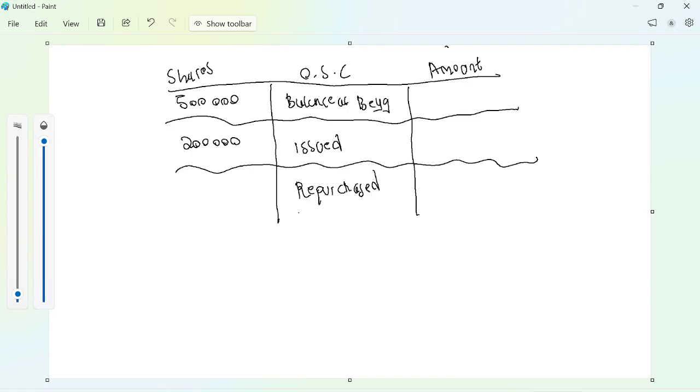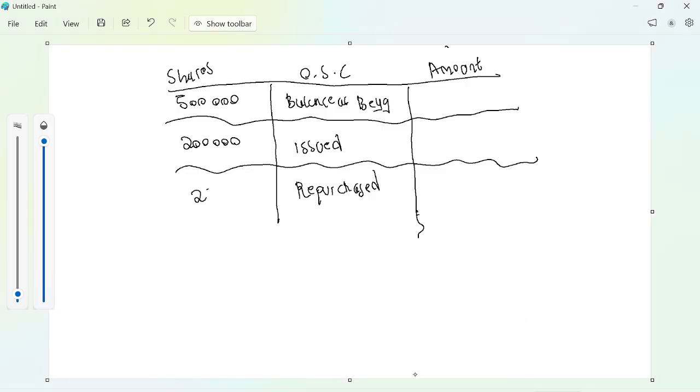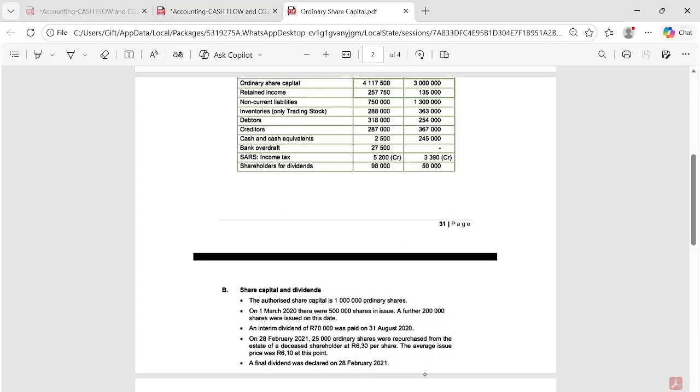And then we repurchased our shares again. So we repurchased 25,000 shares. At what price? They gave us the share price. Remember, we're looking for the average price, and they already gave us the average price, which is 6.10.